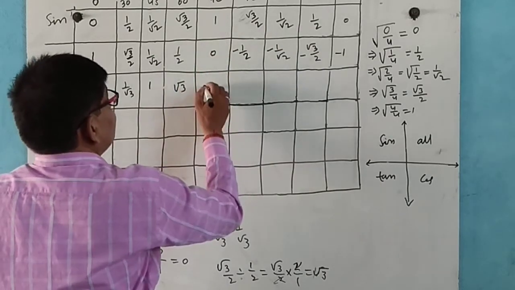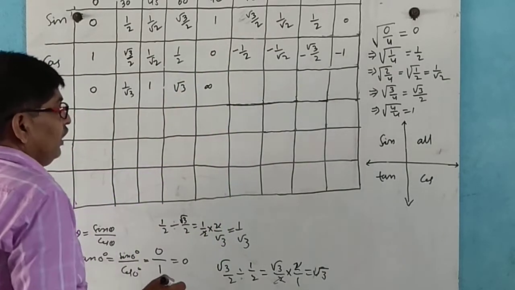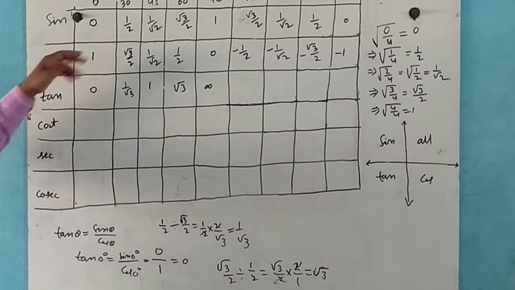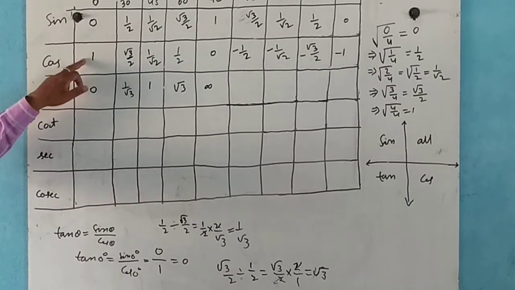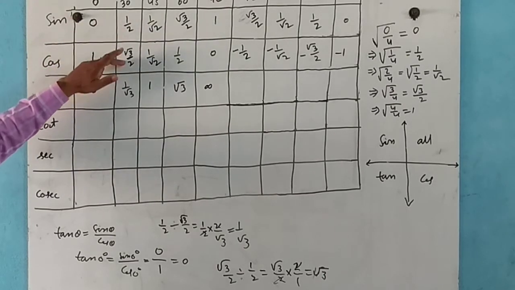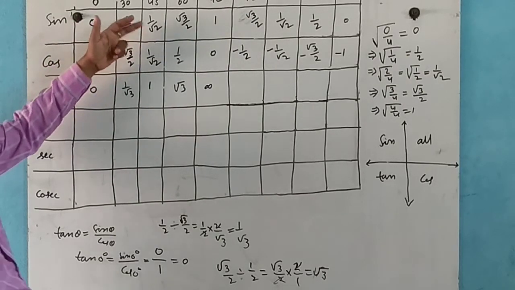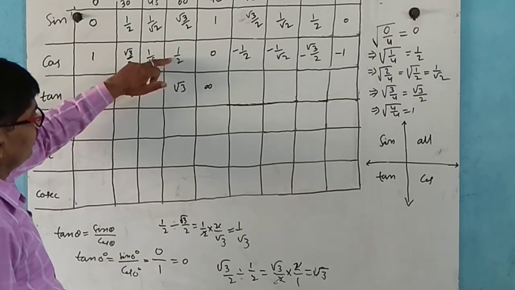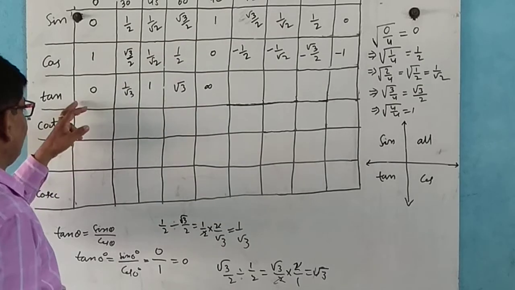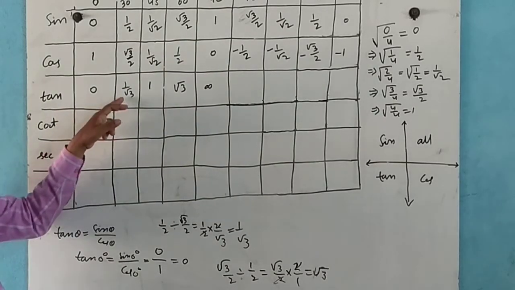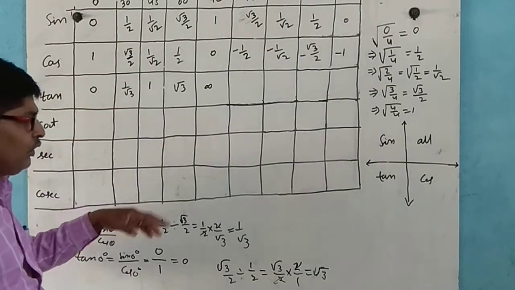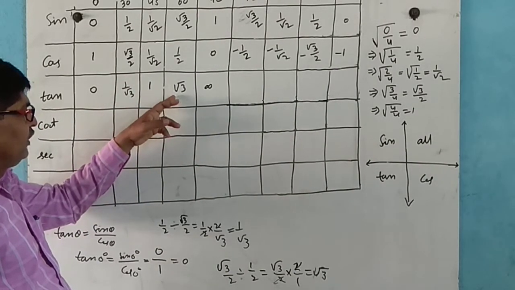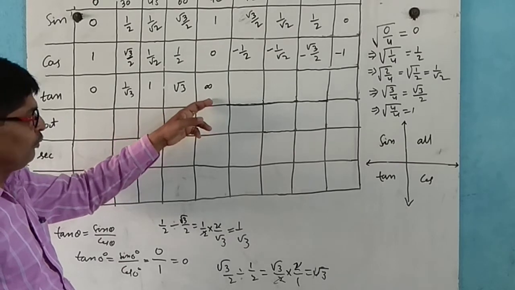And 1 divided by 0, this is infinite. As you know, simply say tan 0 is sin 0 by cos 0, tan 30 is sin 30 by cos 30, tan 45 by cos 45, tan 60 by cos 60 degree. We get the value of tan 0 as 0, tan 30 as 1 by root 3, tan 45 as 1, and 60 root 3, and this is infinity.